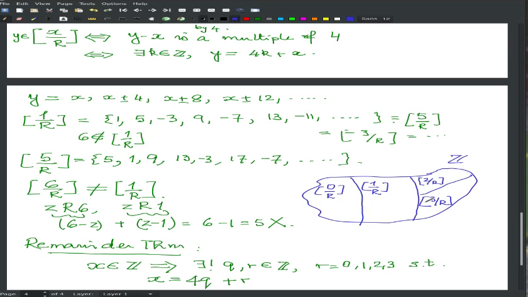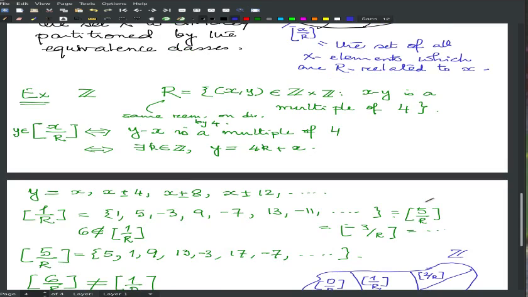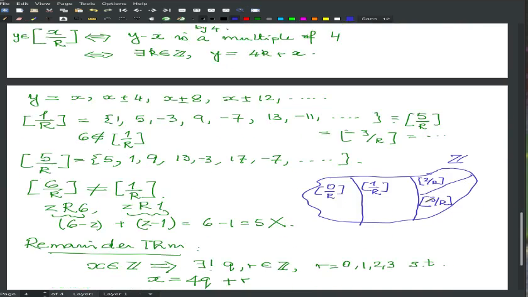Having the same remainder when dividing by 4 gives rise to 4 equivalence classes, to a partition, to a division of Z into 4 classes, into 4 subsets.